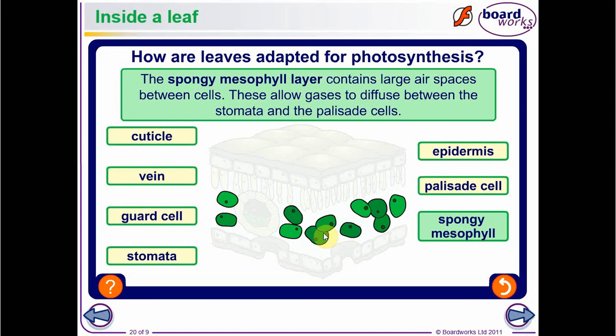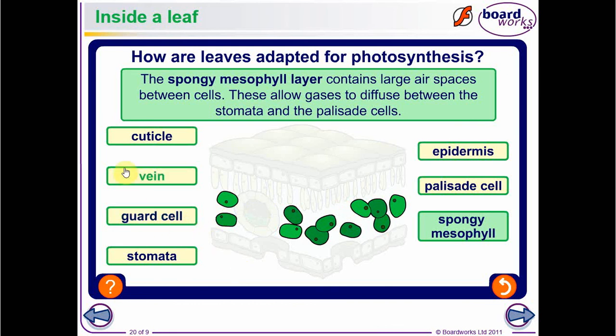Also, they have a lot of air spaces between them, and this is where the air diffuses and goes in and out. So all those spaces are air spaces between the spongy cells, where the air is exchanged.